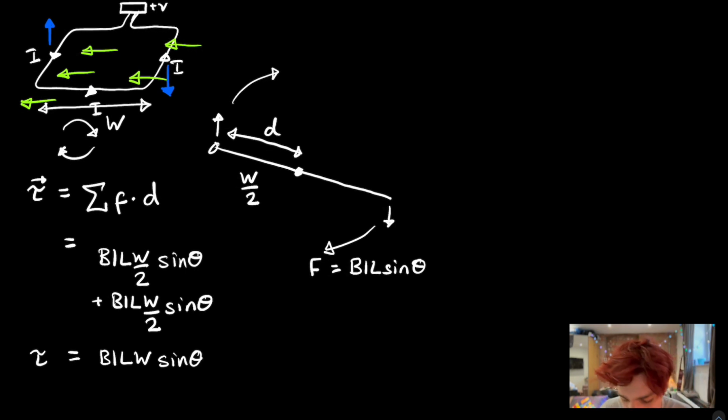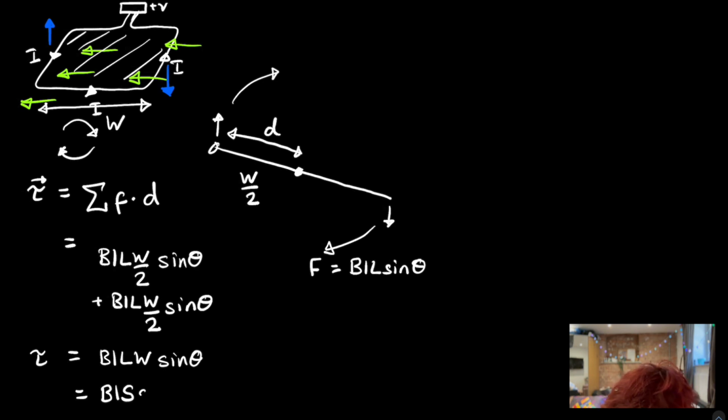That is the magnitude of our torque right here. But of course, L times W is simply equal to the area, our total surface area of the coil right here. So we can put this as being equal to BI times the surface area times the sine of theta. And that is the magnitude of our torque right there.